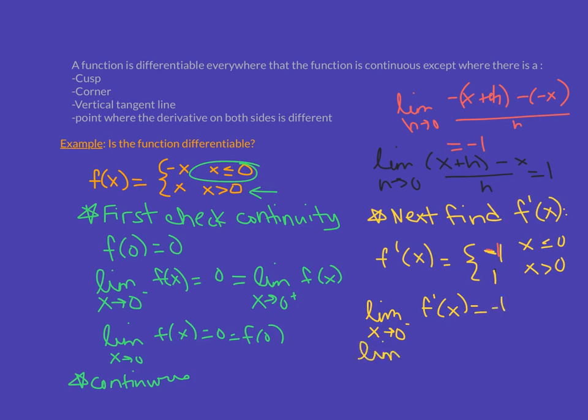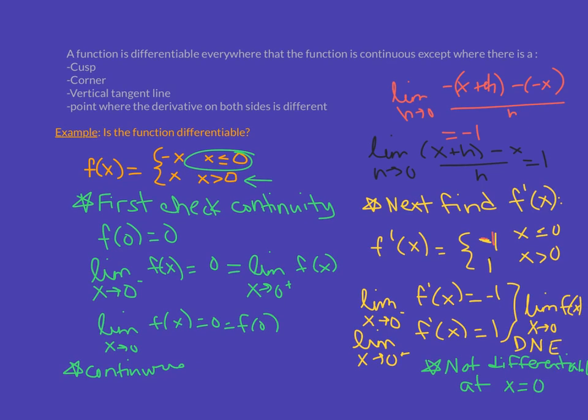The limit as x approaches 0 from the positive side is equal to +1. Therefore, the limit of the derivative does not exist, so our function is not differentiable. And that's going to be only at x equals 0, by the way.